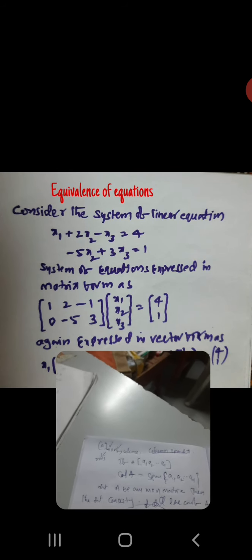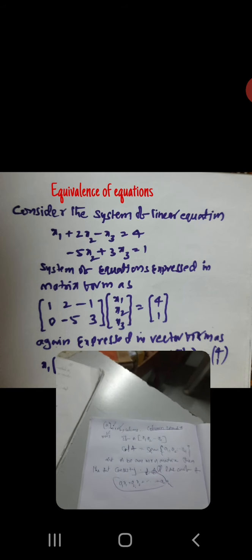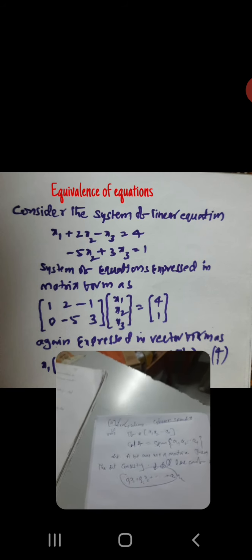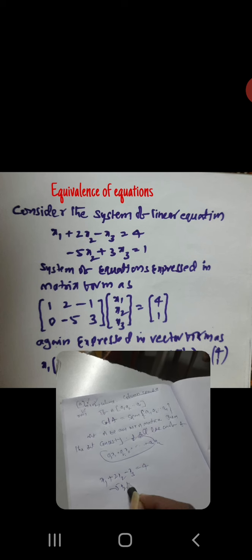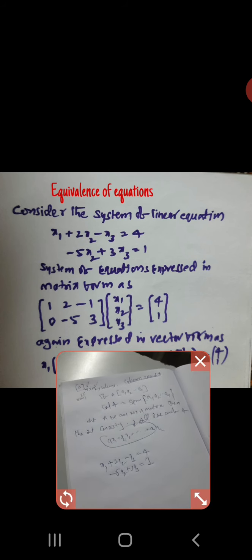Now let us explain this. Consider an equation: x1 plus 2x2 minus x3 is equal to 4, and 5x2 plus 3x3 is equal to 1, with a minus sign on the 5x2 term.